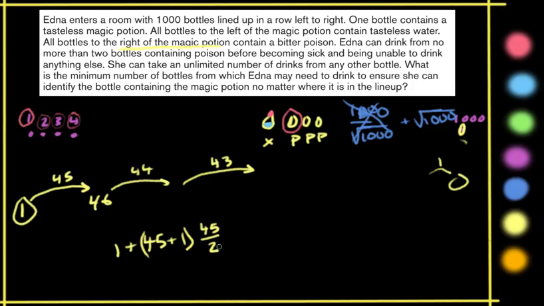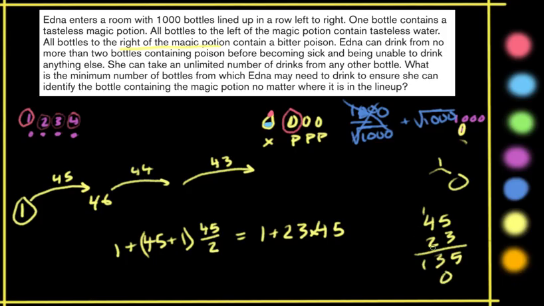So this is 46 over 2, so this will be 1 plus 23 times 45. What's 45 times 23? That's going to be 5, carry the 1, 3, 1, 0, 1, 9. Whoops, did I do this wrong? Let's see, 135, 90. That's right. So it's 1,035.